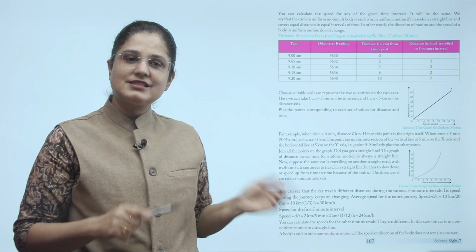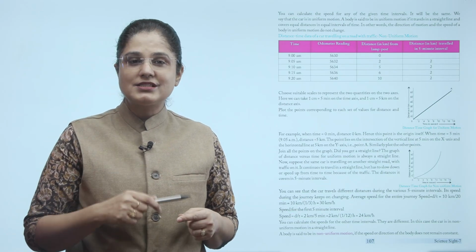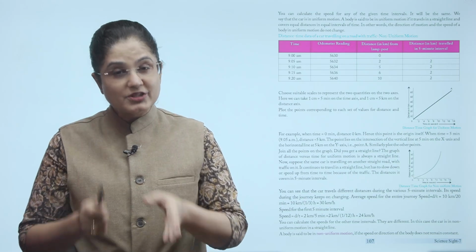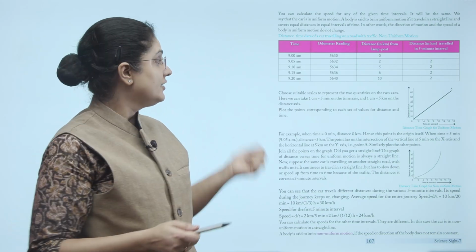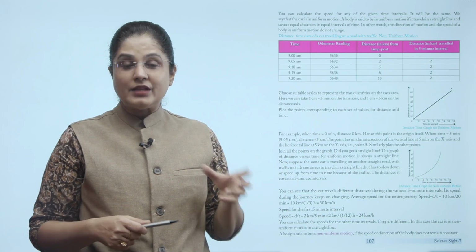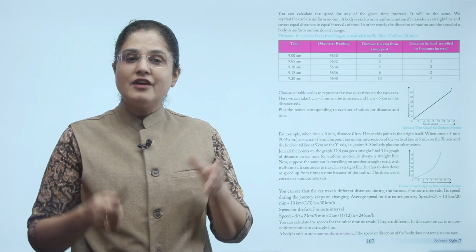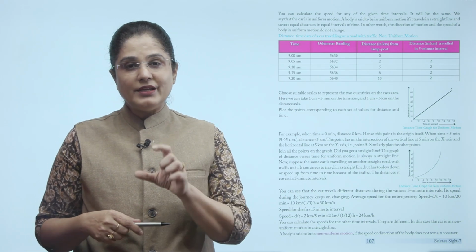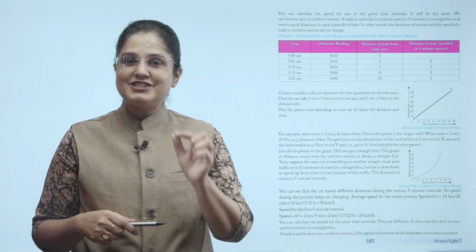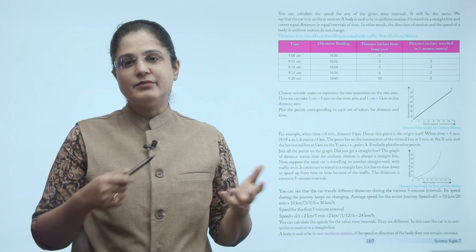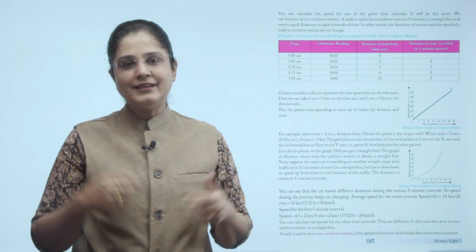Now let us look at this data here. It shows distance-time data of a car traveling on a road with traffic. So this shows non-uniform motion. At 9 a.m. the odometer reading showed 5630. So distance in kilometers from the lamp post is 0, and distance in kilometers traveled in 5-minute interval is none here.